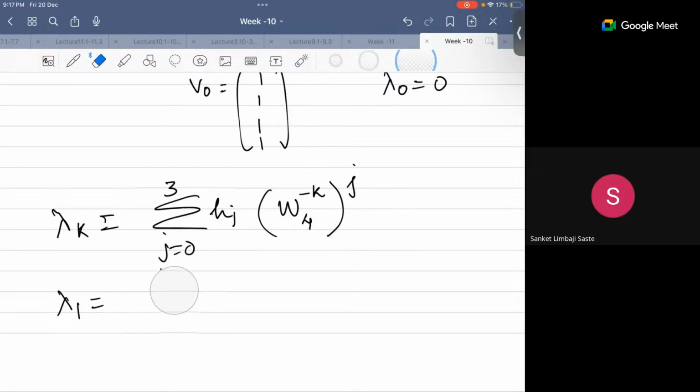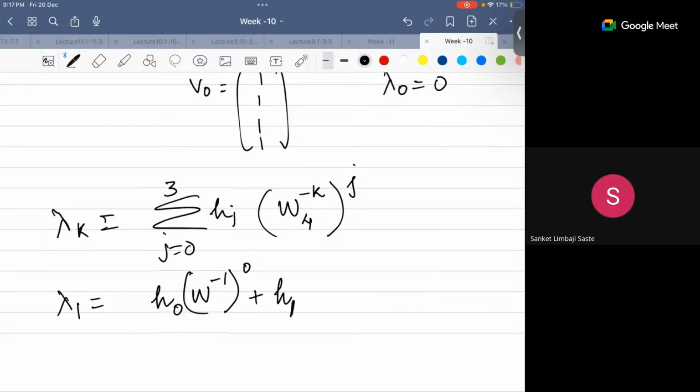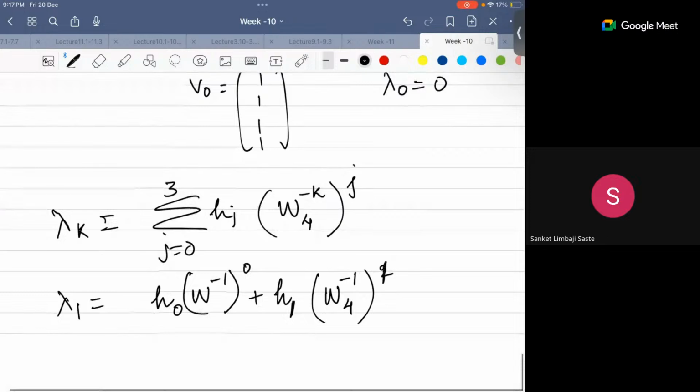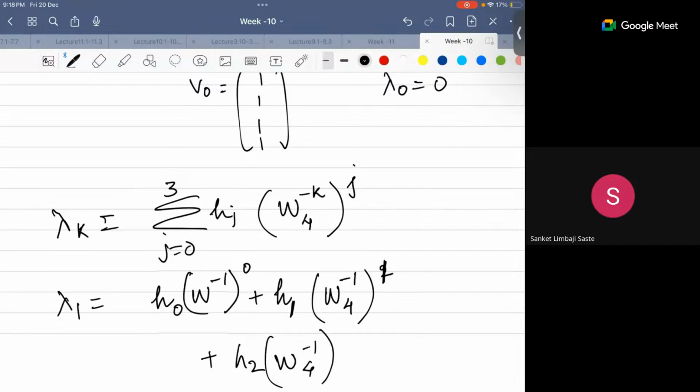I'll just write the summation itself: h0 times omega to the power 0, plus h1 times omega to the power 1, plus h2 times omega to the power 2, plus h3 times omega to the power 3.